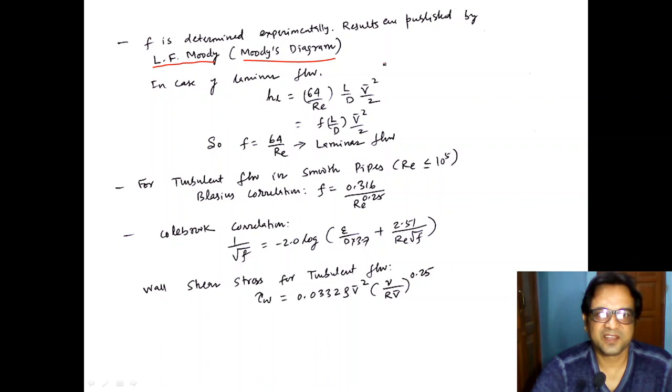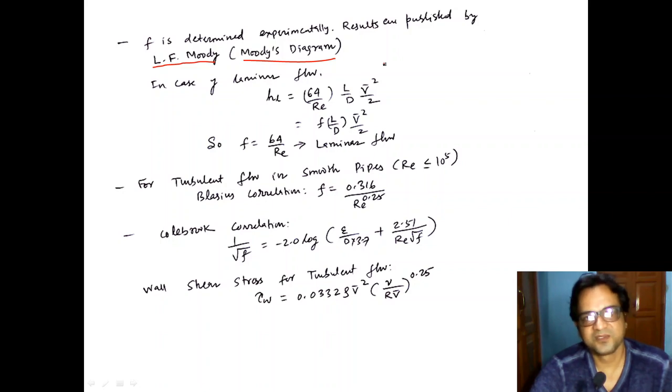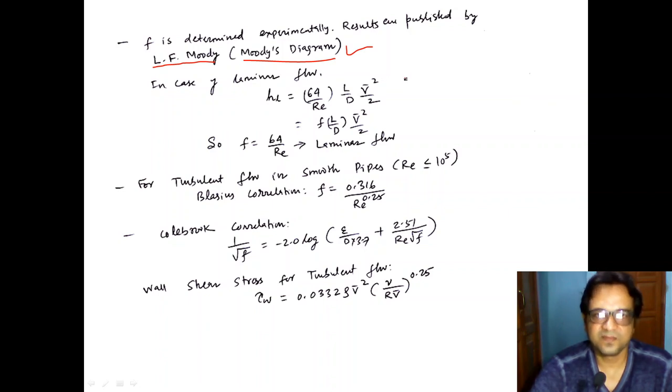From Moody's diagram we can find the friction factor for laminar flow as well as for turbulent flow at different epsilon by D ratios, because the friction factor is a function of Reynolds number as well as epsilon by D. If Reynolds number is less than 2100, it is laminar flow, and if Reynolds number is more than 4000, it is turbulent flow. So at any Re value and for any epsilon by D value, you can get the friction factor from Moody's diagram, which we will discuss in the next slide.